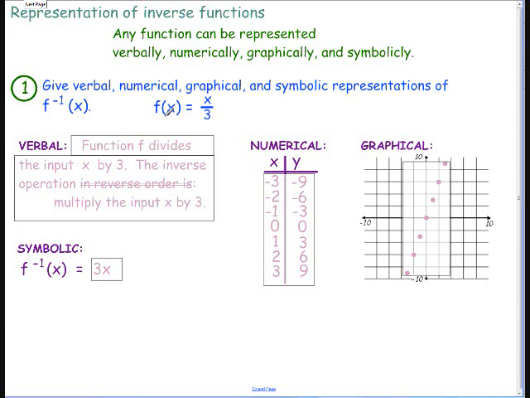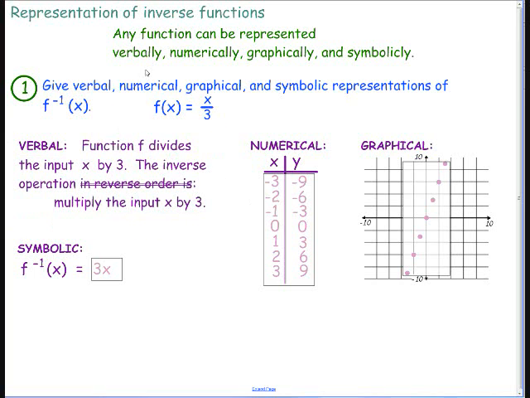How about this one? We have a function, which is that you take your input, x, and you divide it by 3. So what would the inverse be? Function f divides the input x by 3.